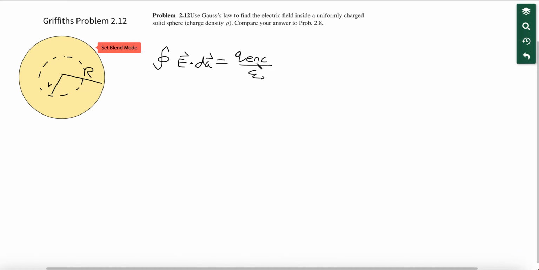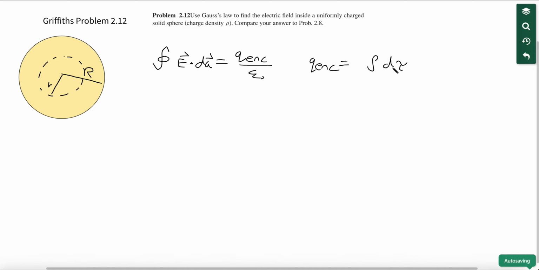And so getting back to our equation, we should know that the charge enclosed inside of our Gaussian surface is going to be equal to the charge density rho times the volume element d tau.